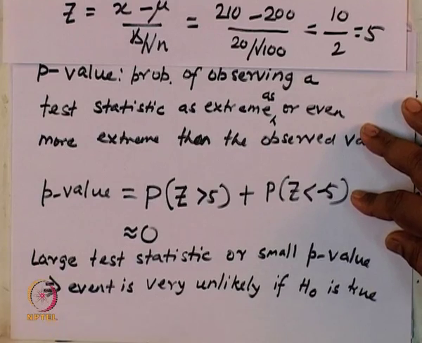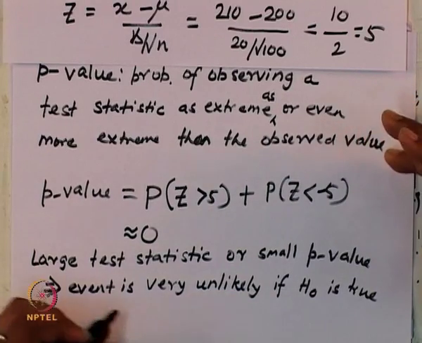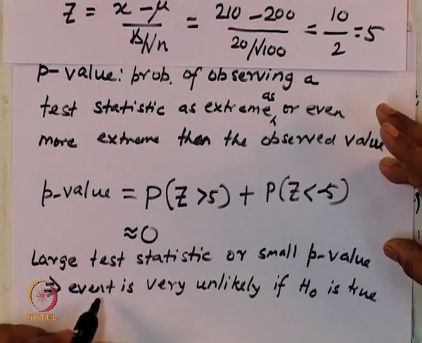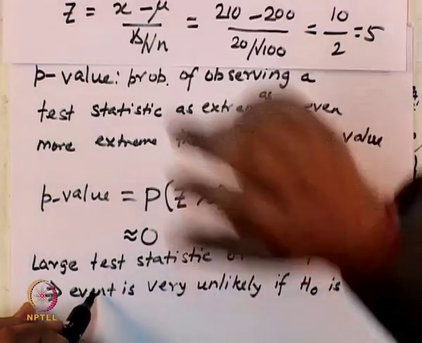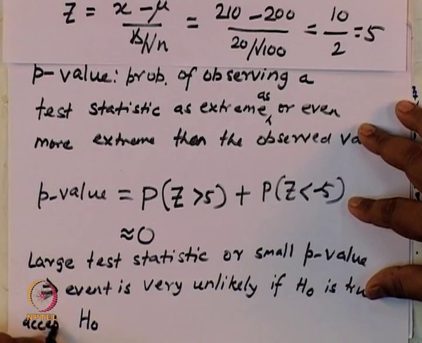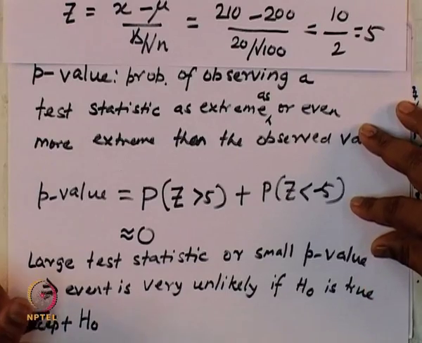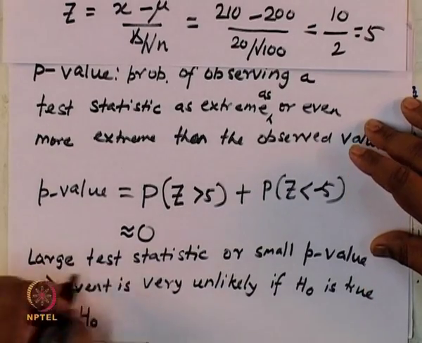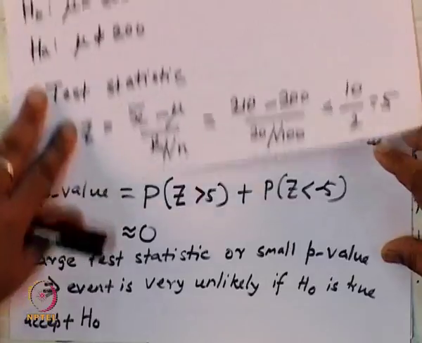So, this tells me that in this case this is a very unlikely event if the average was to be 200. So, in this particular case I can say I would reject H naught, because this probability is very low.